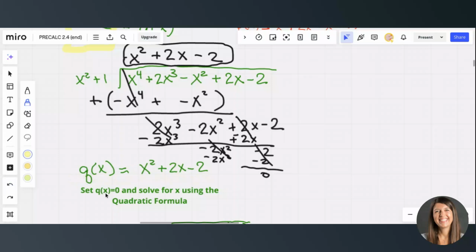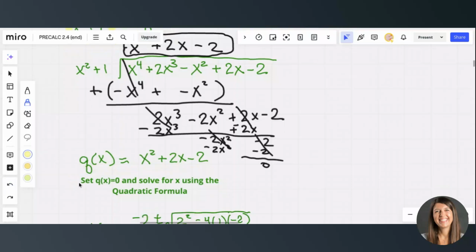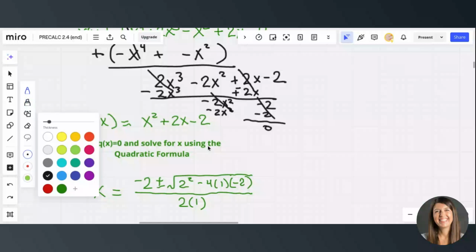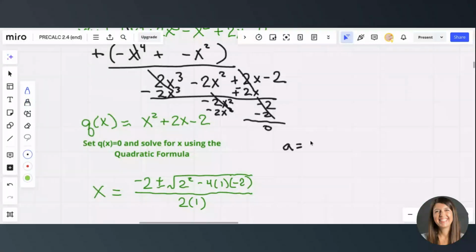So now let's set q of x equal to 0 and solve for x using the quadratic formula. All right, hopefully you have that memorized. So if we use the quadratic formula, let me just review this for you. The quadratic formula is, in this one, a is 1, right?